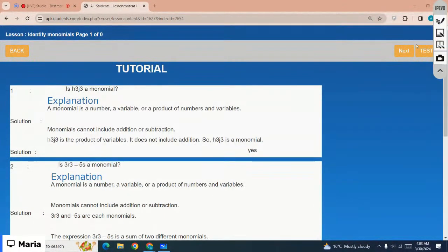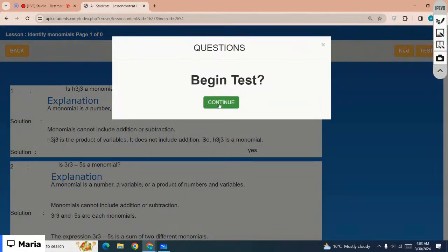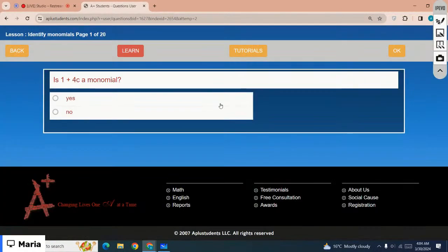The practice questions. Is 1 plus 4c a monomial? Yes or no? The correct option is no, this isn't a monomial, right? Because you have a positive sign here, so this isn't a monomial.